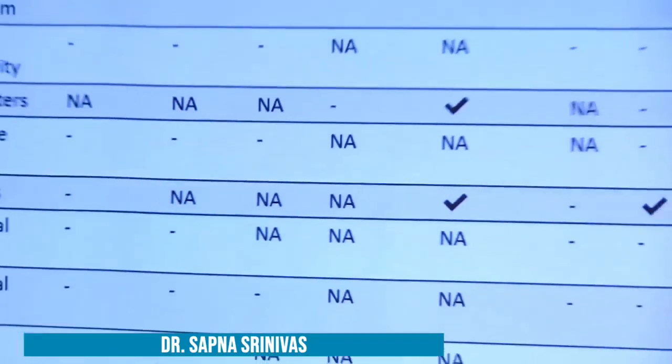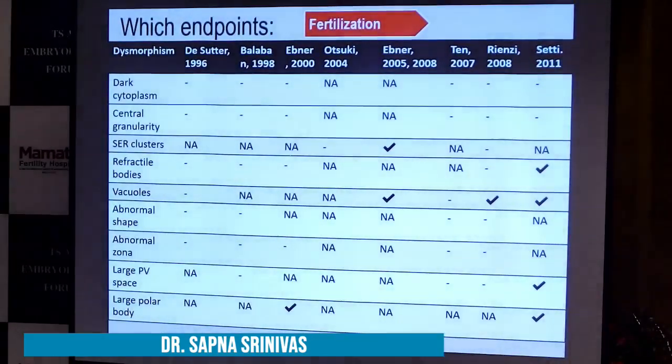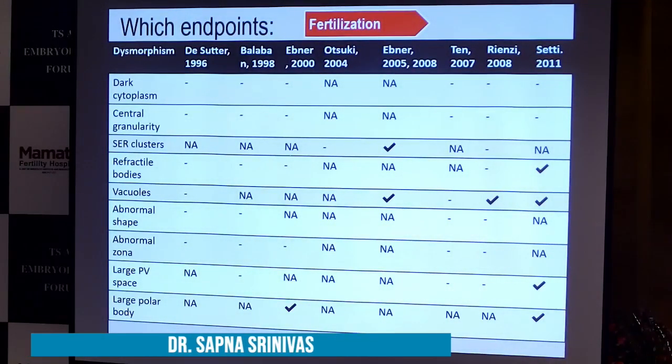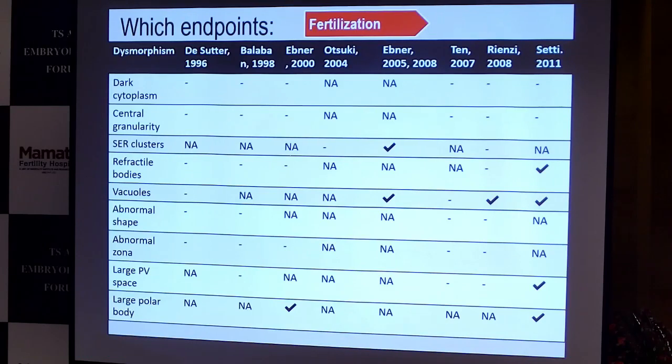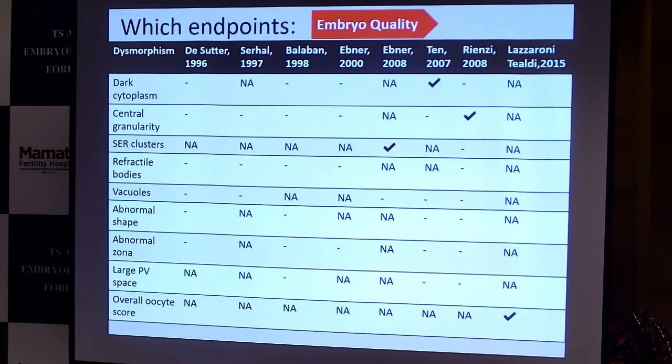And summarizing the effect on fertilization: SER, abnormal vacuolation, larger sizes, large perivitelline space and granules, and large polar bodies affect fertilization. The endpoints that affect the embryo quality are central granularity, dark cytoplasm, SER again, and overall oocyte score.